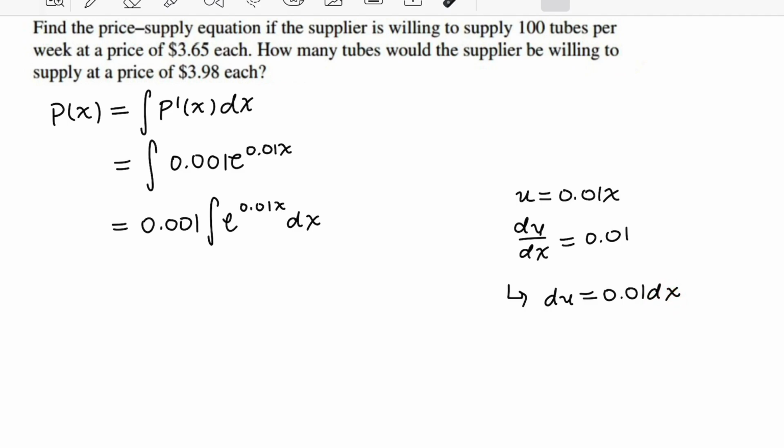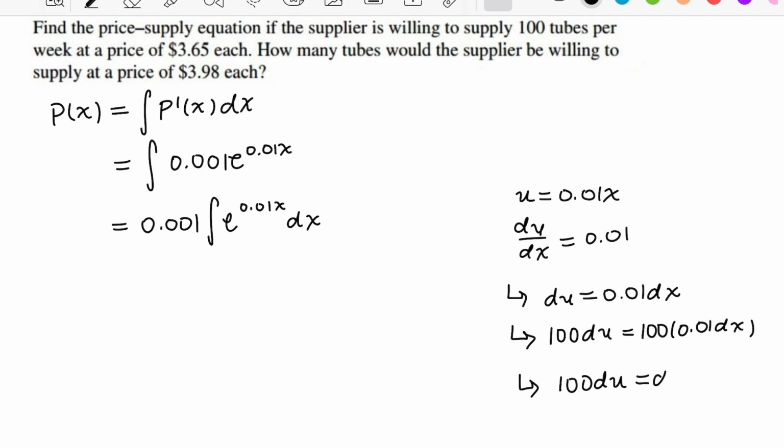So what we're going to do is rewrite this. So we're going to get dx alone. And we can do so by multiplying by 100 on both sides. So we'll get 100 du is equal to dx.